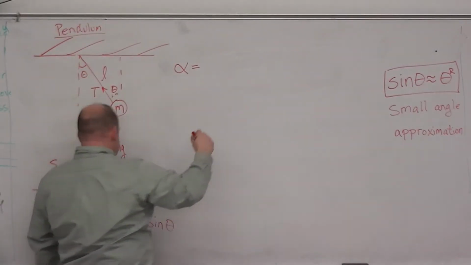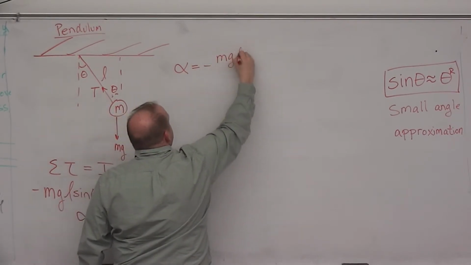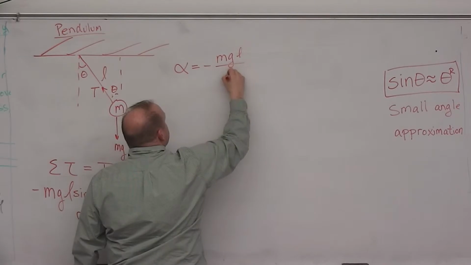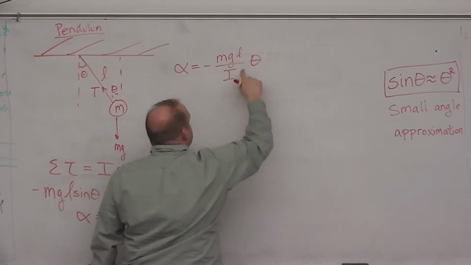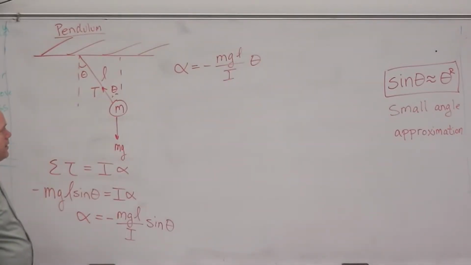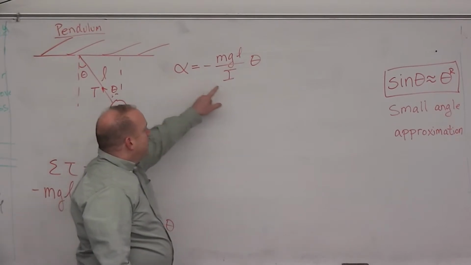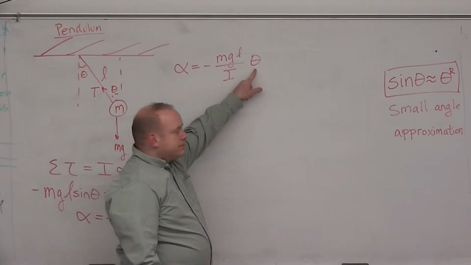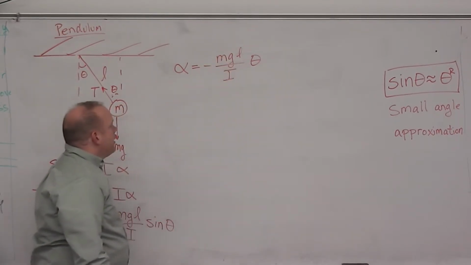If I make that quick simplification, alpha is equal to negative mgL over I times sine of theta, or I just call it theta. This is the angular acceleration. This is the angle. I've got a negative, I've got a constant of proportionality.